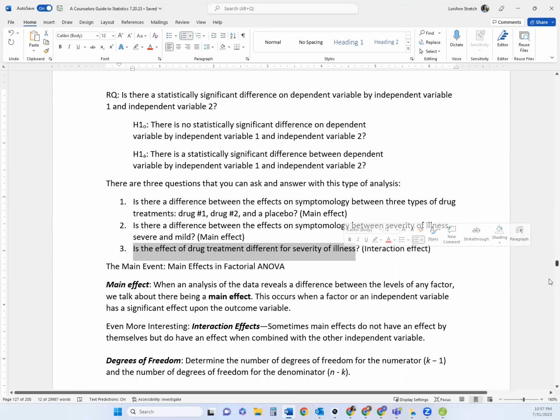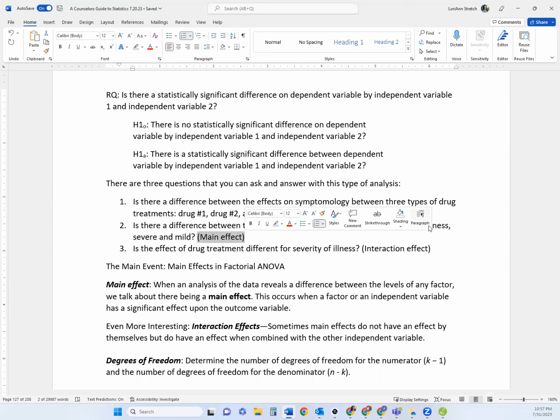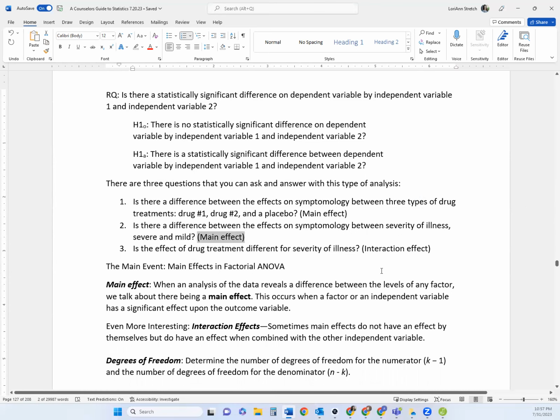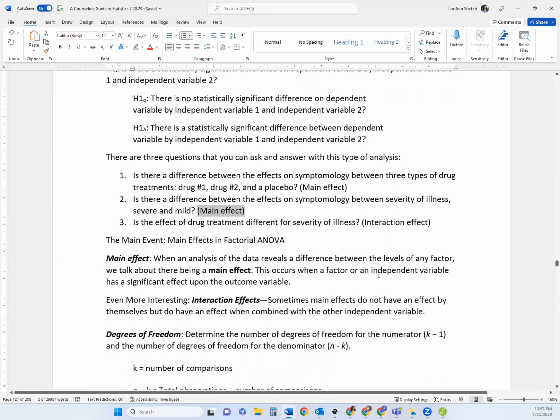So this is looking at the type of treatment and the severity of illness, if the interaction of those two things has a significant difference. So this is the power of factorial ANOVA. We can look at a main effect for each independent variable, and we can look at the interaction effect for the two variables together.